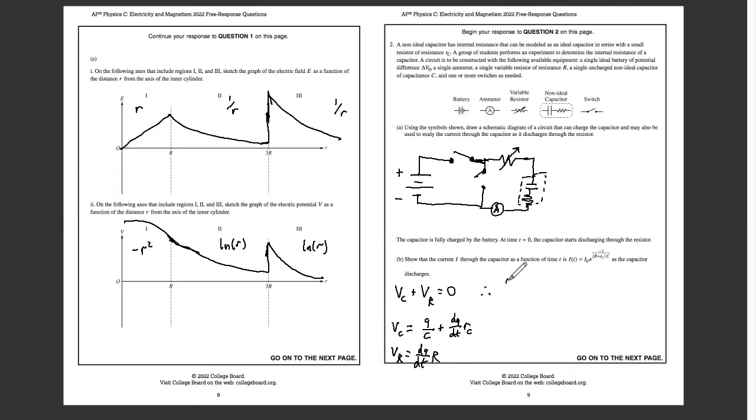So therefore, we get Q over C plus dq/dt times (little r sub C plus big R) is equal to 0. Solving and separating that, we find that dq over Q is equal to negative dt over (r_C plus R) times C. Integration gives us natural log of Q is negative t over (r_C plus R) times C, plus an integration constant.